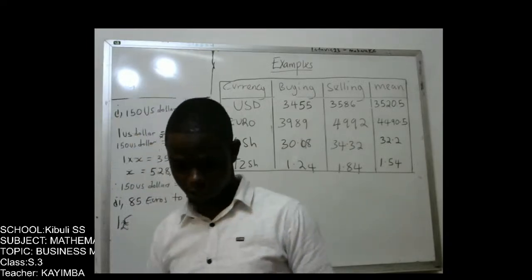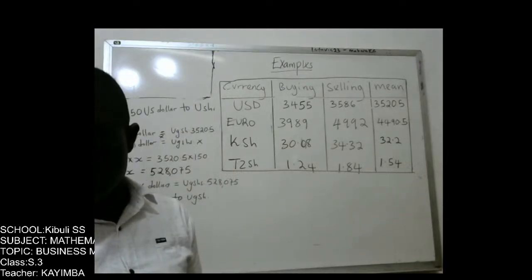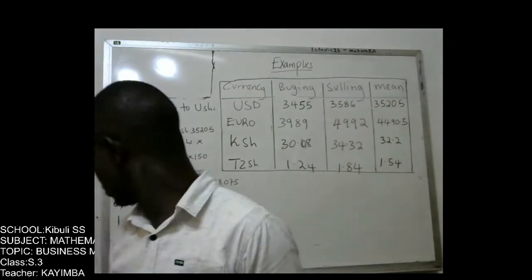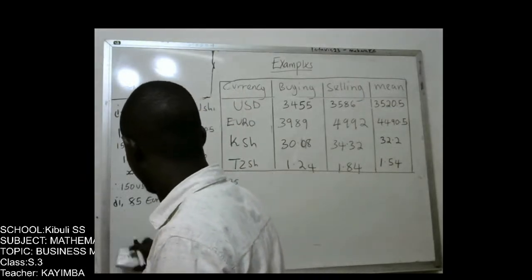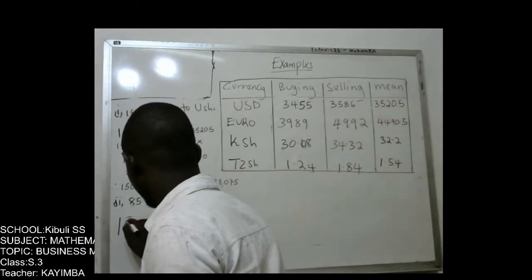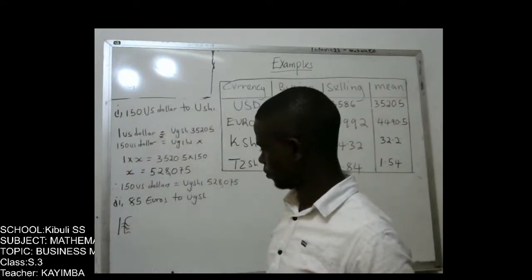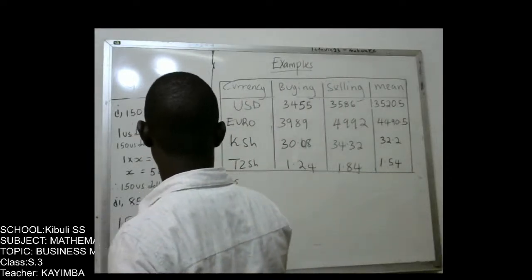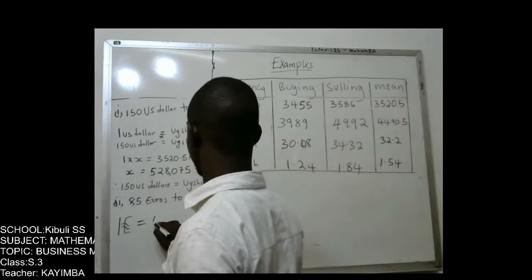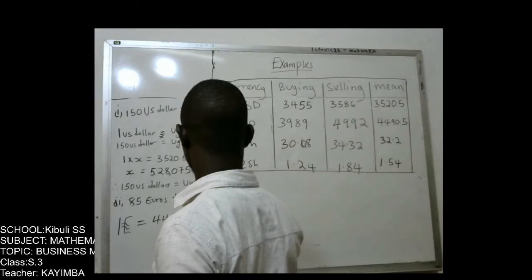It's supposed to be somewhere there. 1 euro is equivalent to how much Uganda shillings? 4490.5.